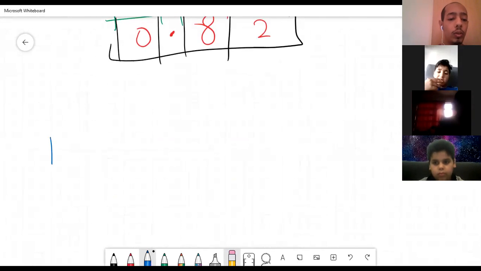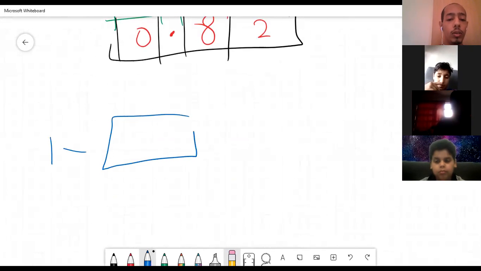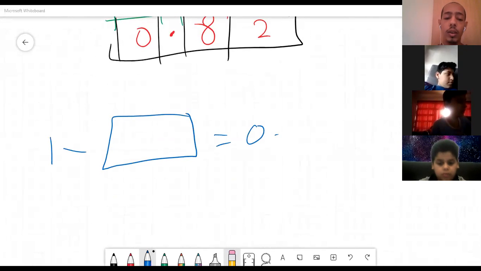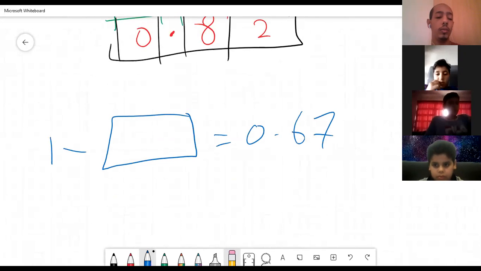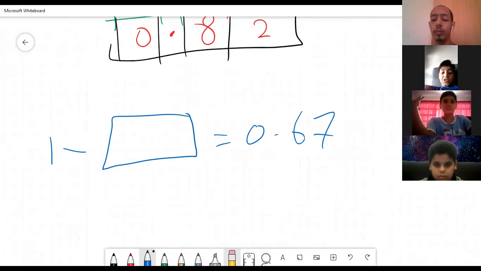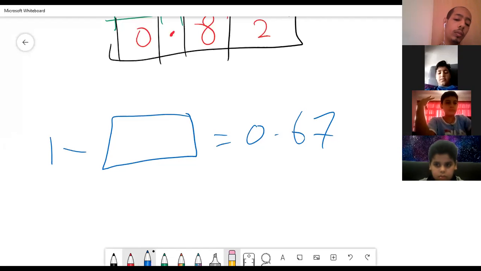Right. One last example for you to make it very clear? Teacher, this is very easy. On homework question 7, A and B were correct, but C and D were false. Okay, what about this? 1 minus 0.67. What is the number you will subtract from 1 to get 0.67? 0.33.